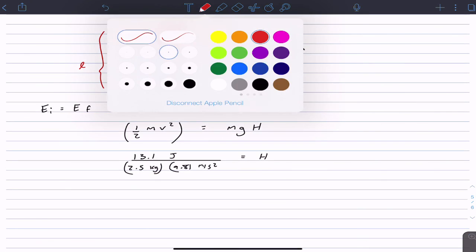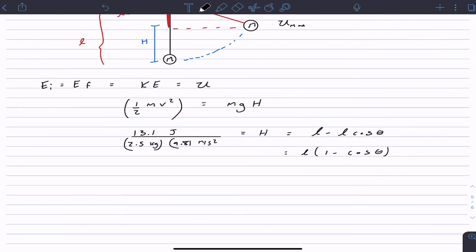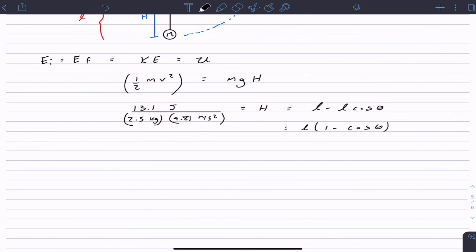Okay, so that's what this is, L minus L cos theta, or L times (1 minus cosine theta). If you started plugging everything in already, that's fine. You can still solve for theta using this. You know what L is. It's 1.25 meters. I like to do it more analytically first, just because it makes things easier at the end.